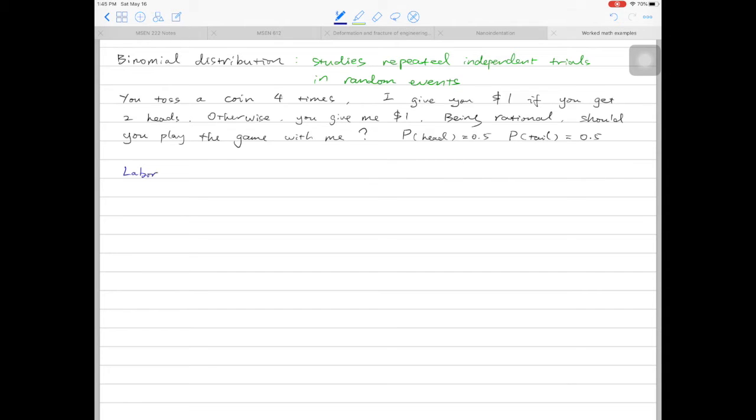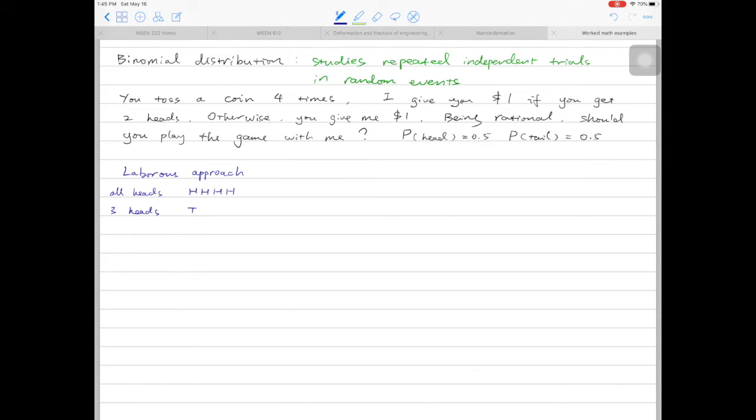So the laborious approach. The most straightforward way is to write out all the possible outcomes. For example, if we are having all heads, we'll have 4 heads in 4 tosses like that. If we have 3 heads, then there are a few possibilities.